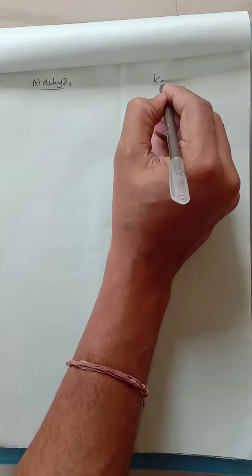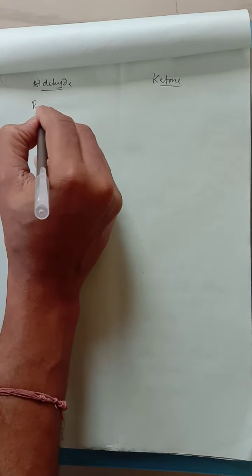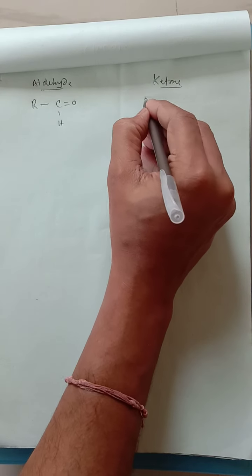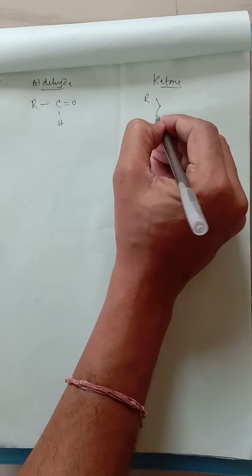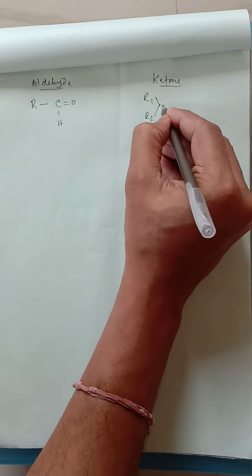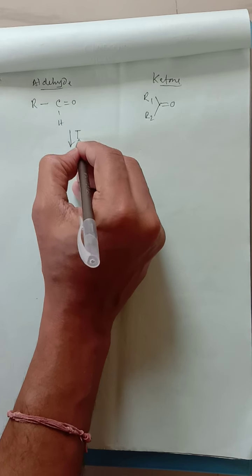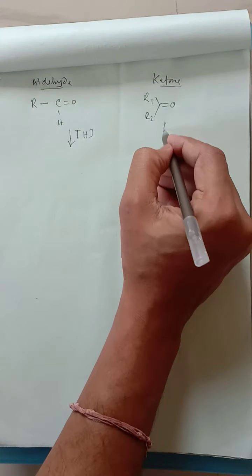Aldehyde, one part; ketone, one part. In general, one reaction example I am giving here. Whenever an aldehyde is taken, and here say R1, R2 I have taken and a double bond O is there. In both cases reduction has been done. Reduction means any of the reductants I have mentioned you can use.